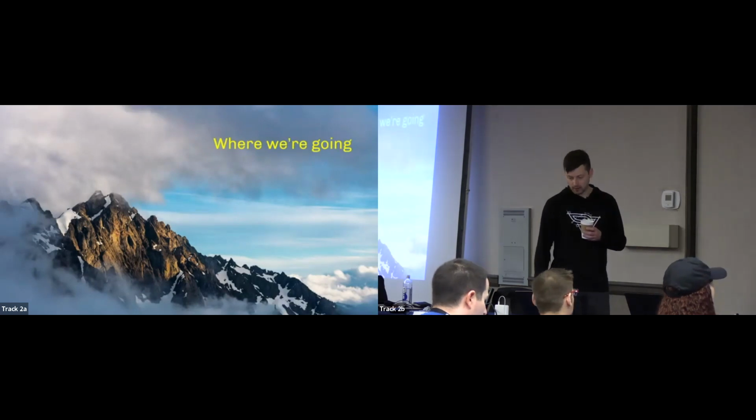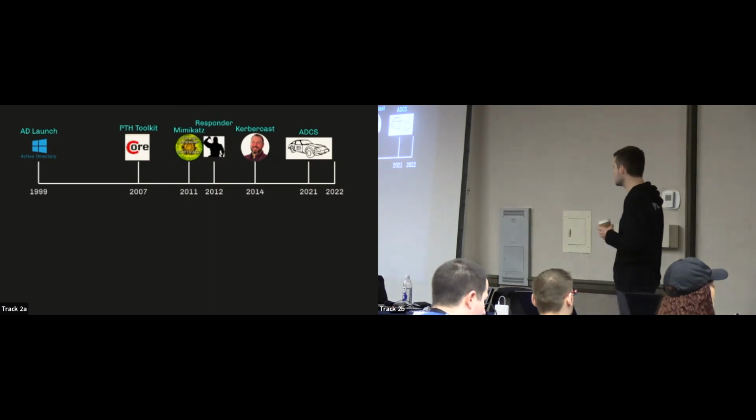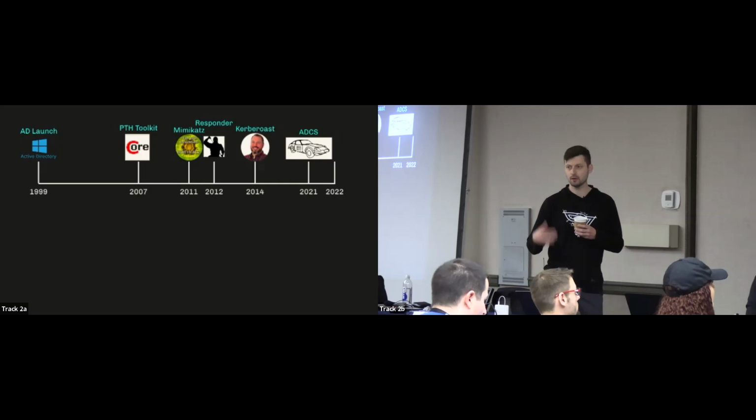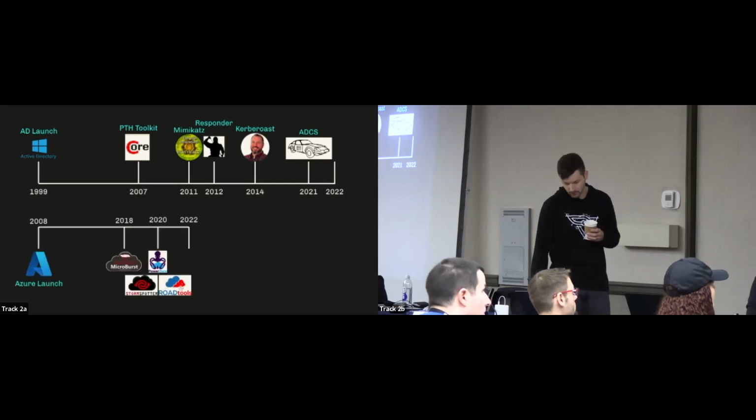Where we are going, so now I get to prognosticate to you. So we looked at this before. This is the timeline of Active Directory and the offensive tools that are very popular and very reliable to use against that. Here's Azure.